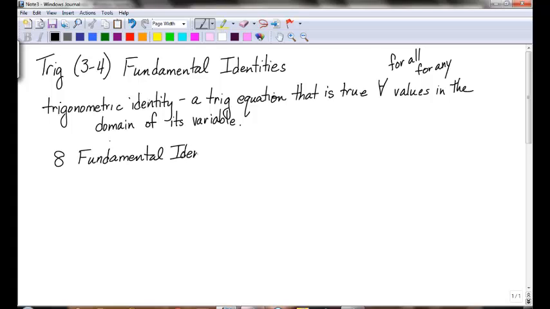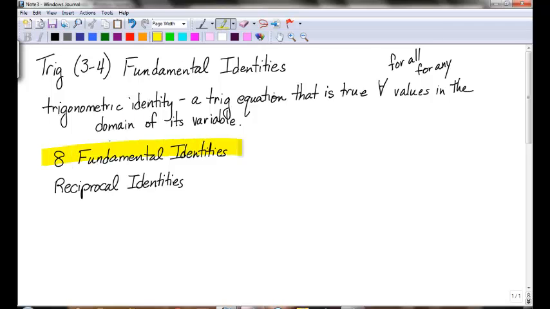And they break them down into reciprocal identities. These you basically already know. The 3 reciprocal identities you already know, like cosecant.